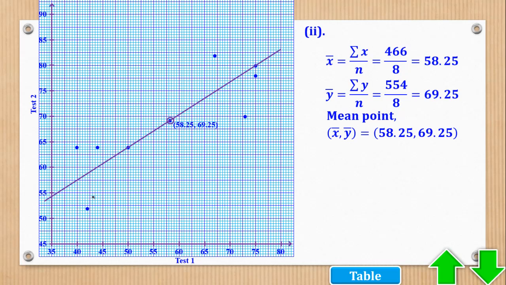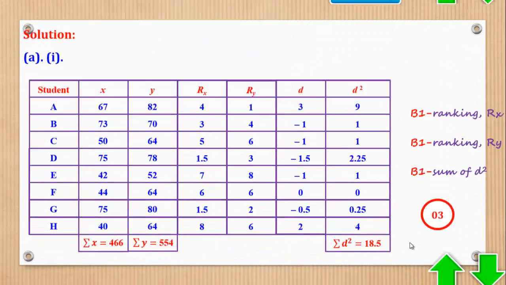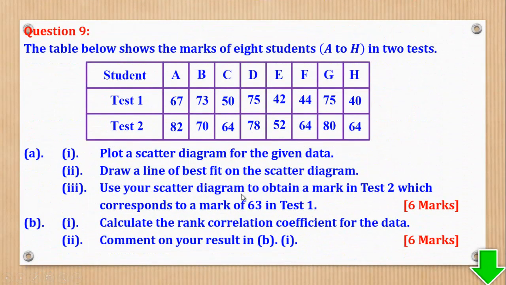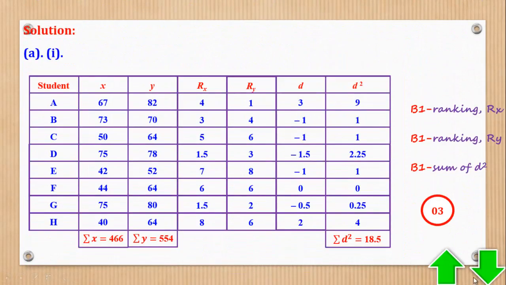That was Roman 2. What about Roman 3? Use your scatter diagram to obtain a mark in test 2, which corresponds to a mark of 63 in test 1. So that is estimation.